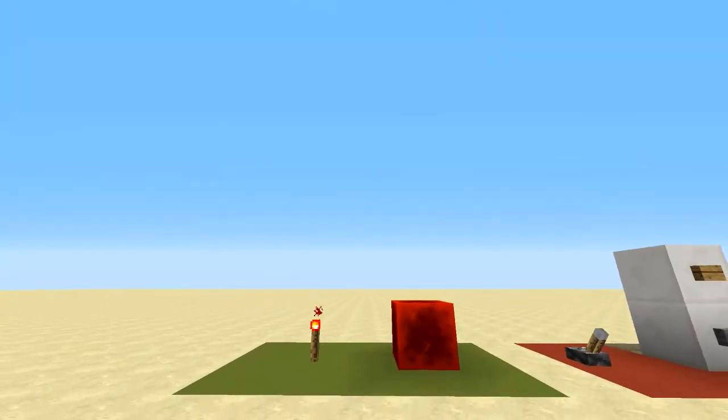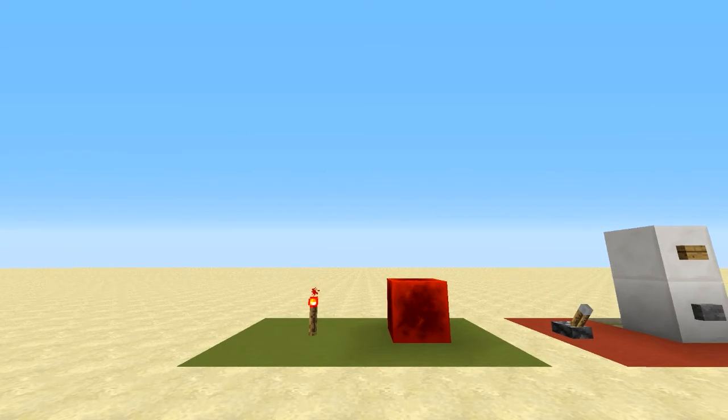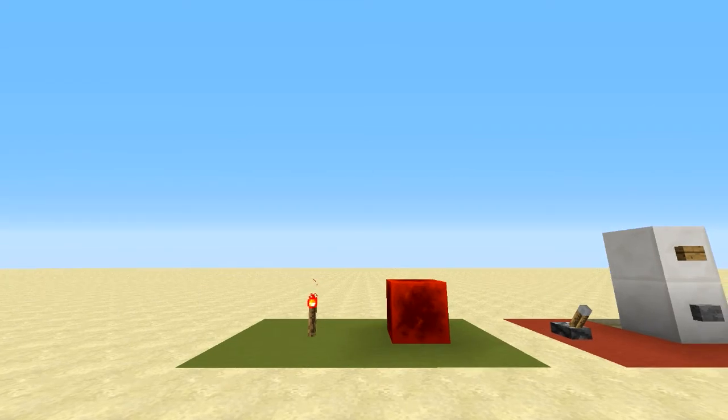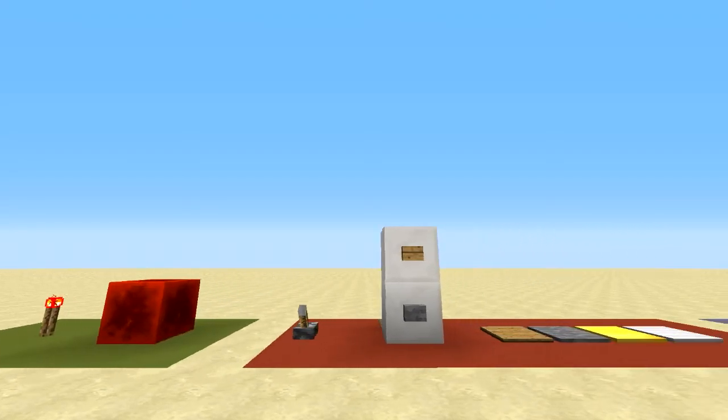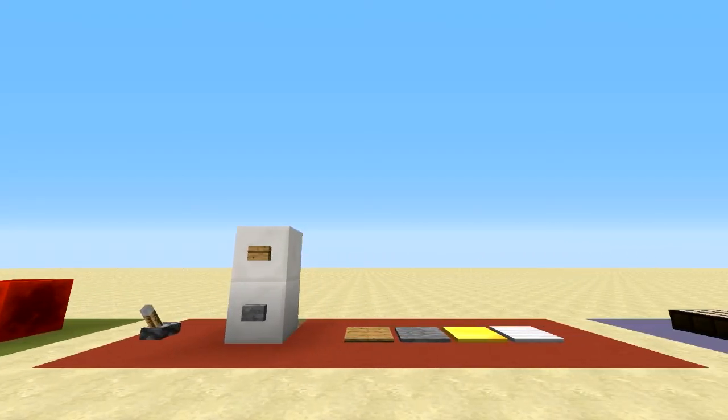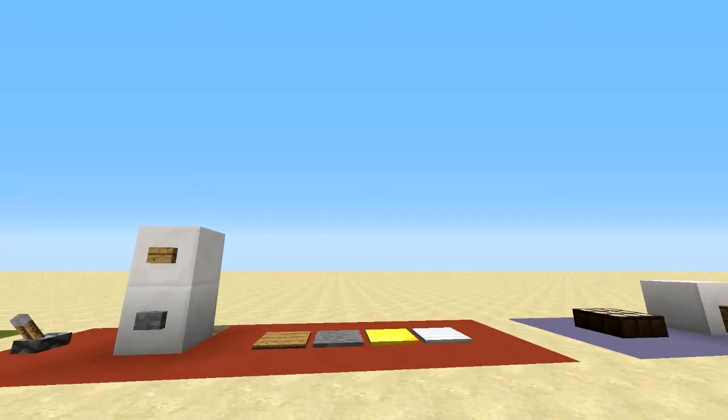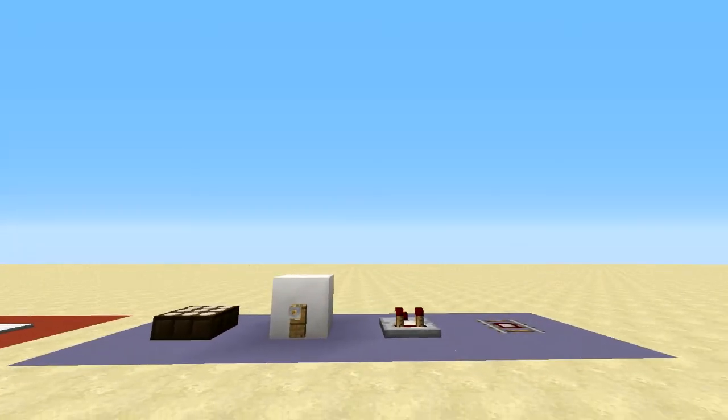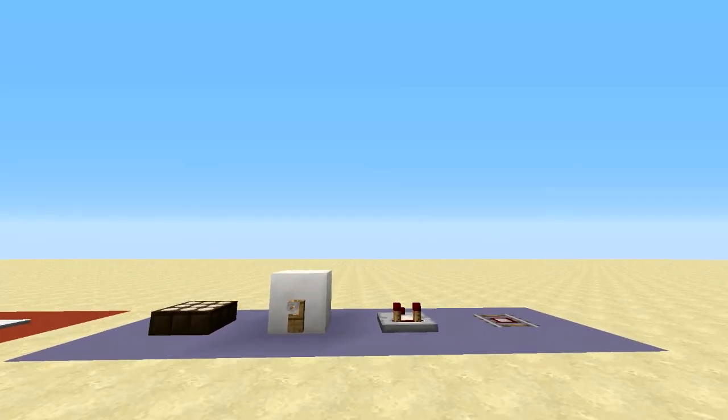Let's take a look at power sources. So these blocks can provide a redstone signal. These can be always on, just like redstone torches or redstone blocks, or they can be switches which are activated by the player, just like the lever, buttons, and all sorts of pressure plates, or they can be other blocks and sensors that respond to various factors, just like the daylight sensor and the tripwire hook, which I also have in there because it is technically activated by the player, but it's still something different.